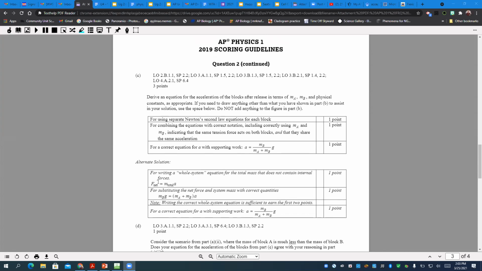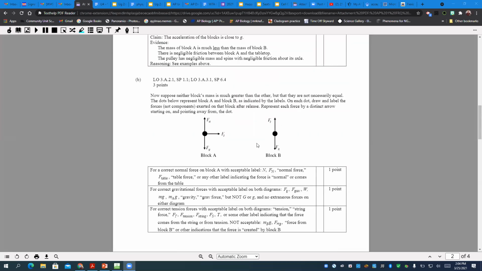Writing the whole system equation, like F net equals M total A, or M system A, that doesn't contain internal forces. So it wants you to get rid of those FTs, like I did when I was talking about it. And then substituting the net force and the system masses. So the net force, the only force acting on it that is causing an acceleration is this FG.